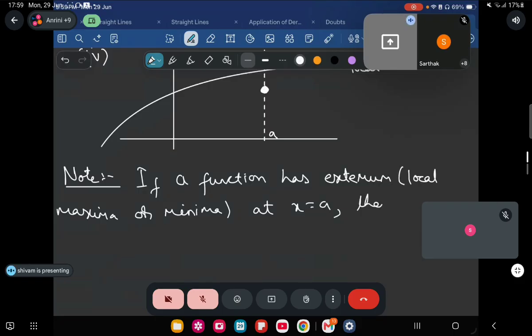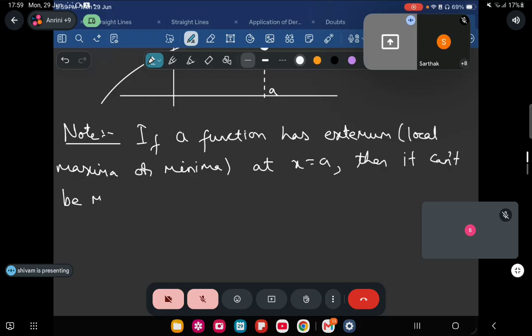You cannot say it's a monotonic function at x equal to a, and vice versa.